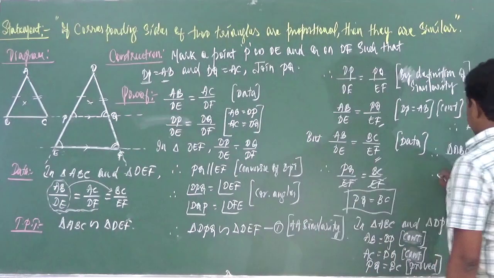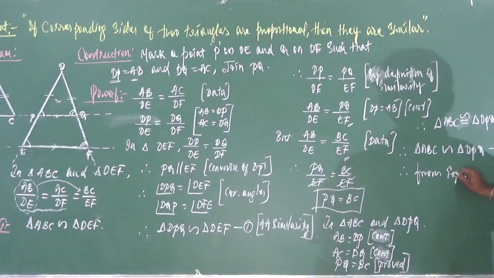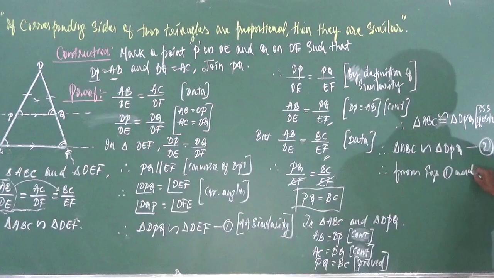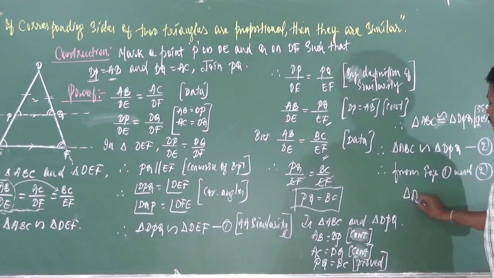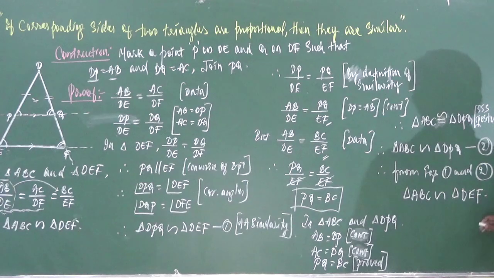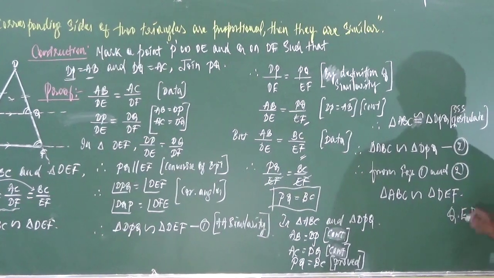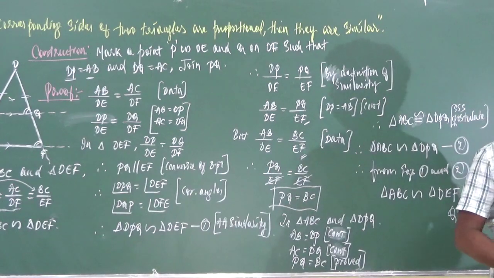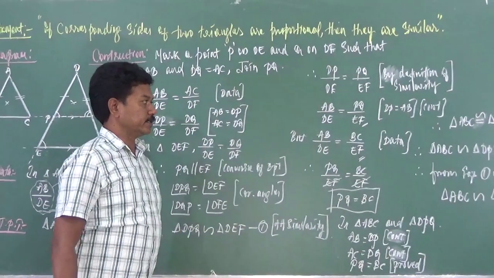So from equations 1 and 2, triangle ABC is similar to triangle DEF. Hence it is QED. So this is the simple proof for the SSS similarity criterion.